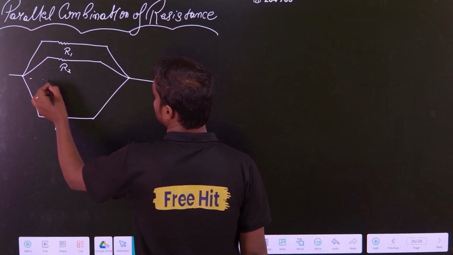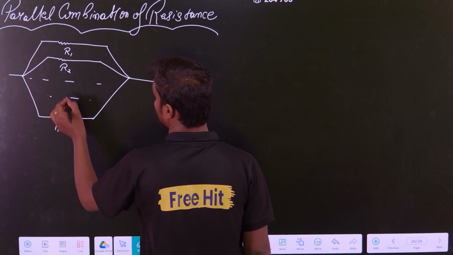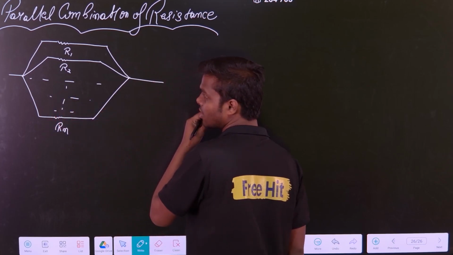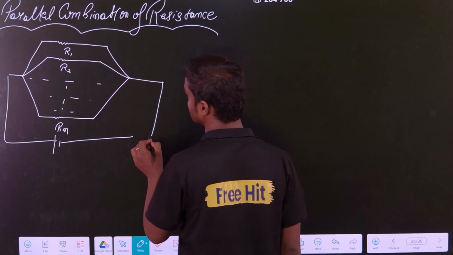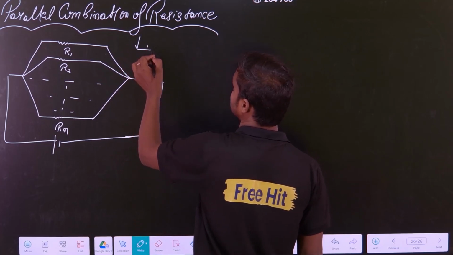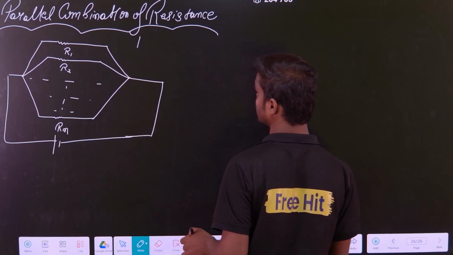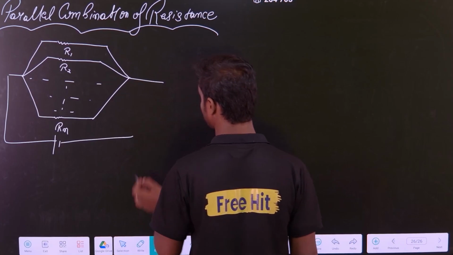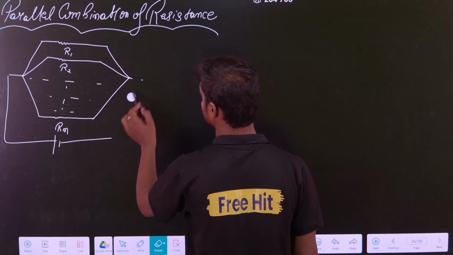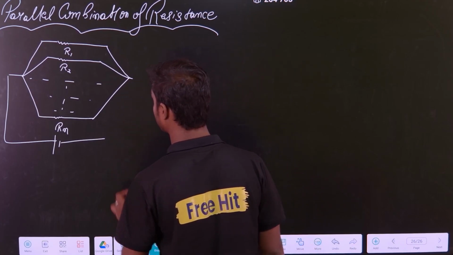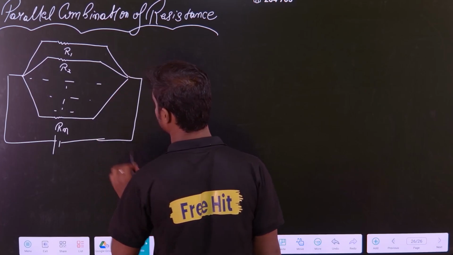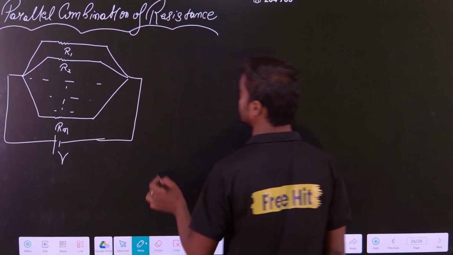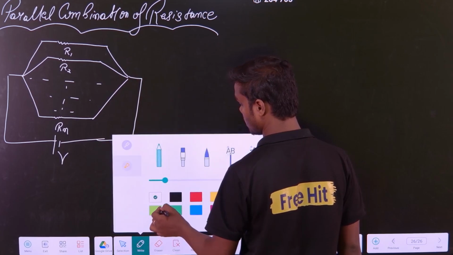Like this, up to Rn we have resistances, and they are connected in parallel. Parallel combination means, what is the meaning of this? Let me help you to understand what is the meaning of parallel combination.